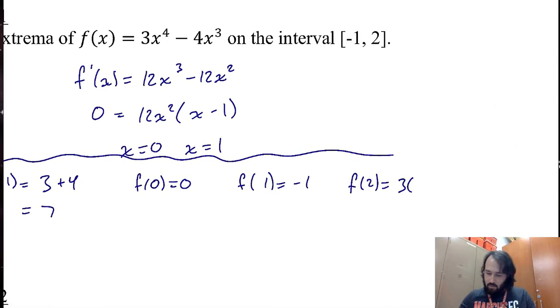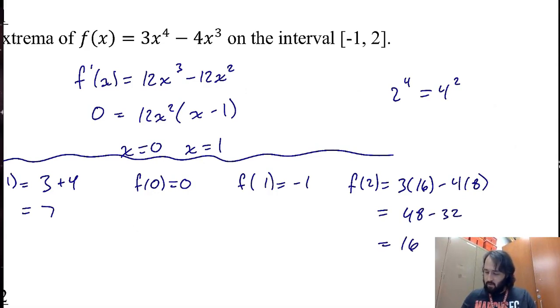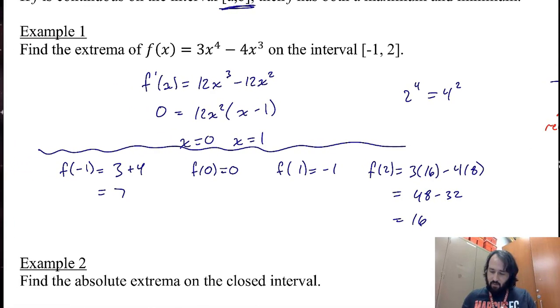So 3 times 2 to the 4th is 48, and 4 times 2 squared is 16. Fun fact: 2 to the 4th and 4 squared is the only one where you can write the base as the exponent and vice versa, and it'd be the same thing. All right, so that's 48 minus 32. So that is 16.